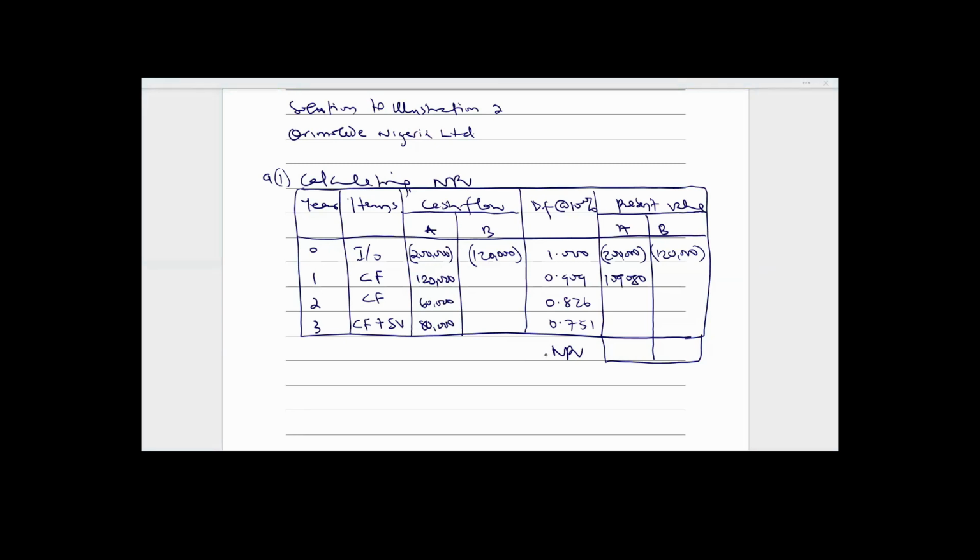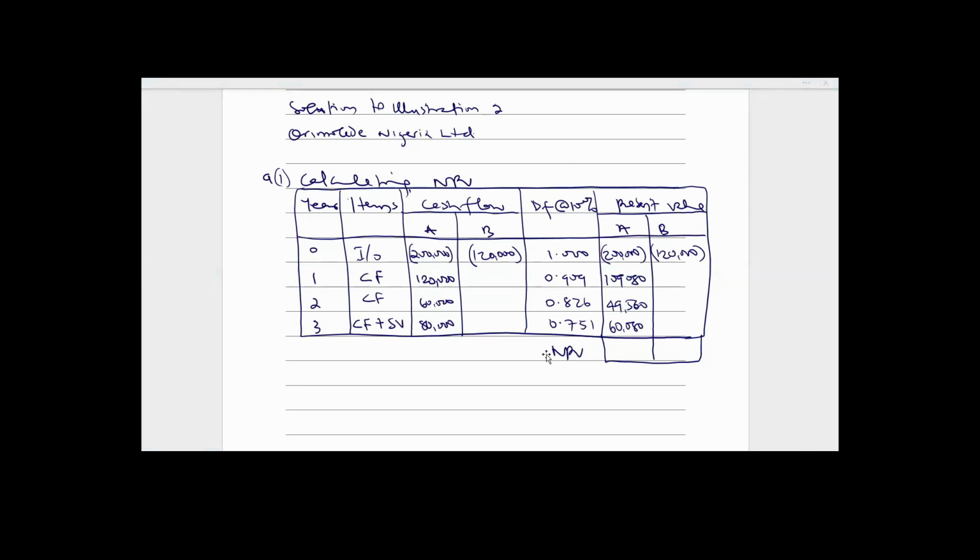Year 2, 60,000 multiplied by 0.826 equal 49,560. Then year 3, 80,000 multiplied by 0.751 equal 60,080. So we need to get the NPV.